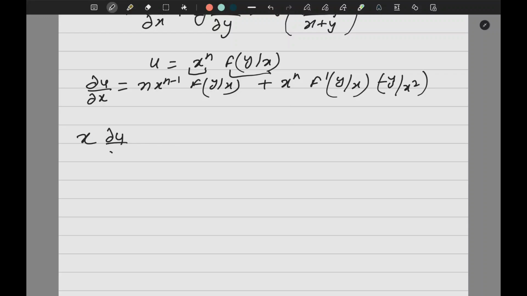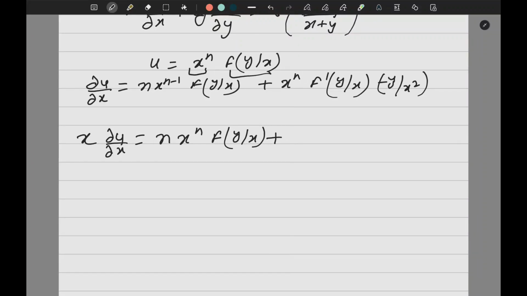So x ∂u/∂x = n xⁿ f(y/x) plus, now here you observe I have xⁿ⁻¹ and I am multiplying by x again, so plus 1, and here upon x² is there, so minus 2. Correct?